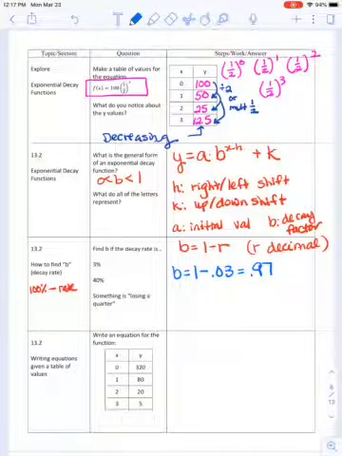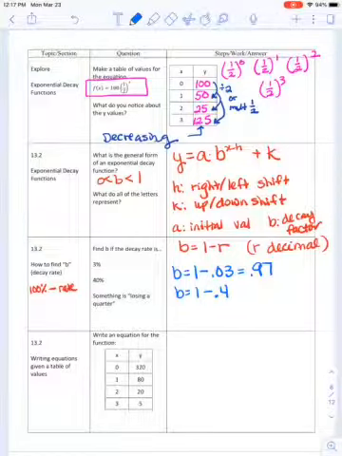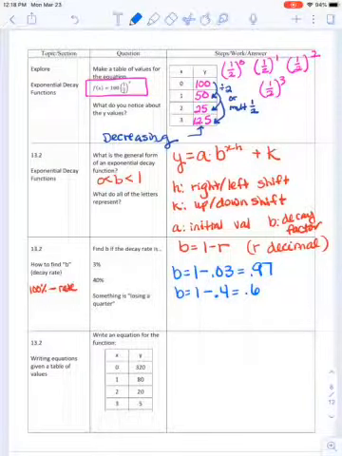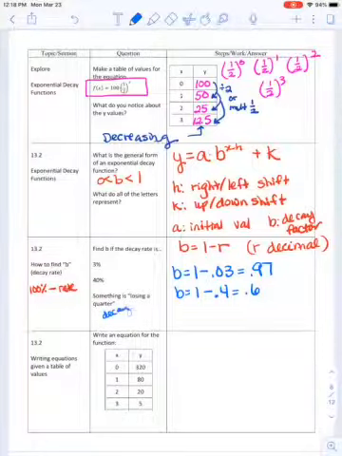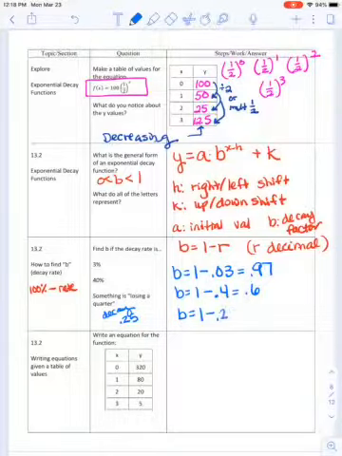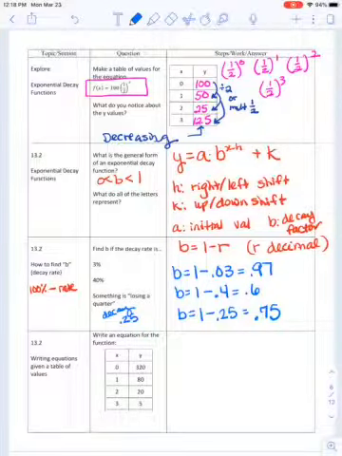For the 40%, b equals 1 minus 0.4, so 0.6. And then if something is losing a quarter, what does that mean? That means it's a decay by 25%. So b equals 1 minus 0.25, or 0.75. So again, these are just like if you got it on sale, what's going to happen?